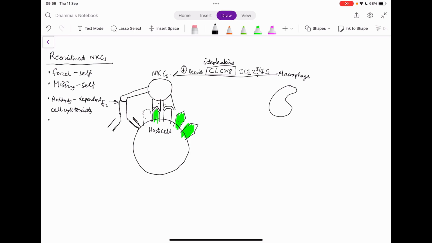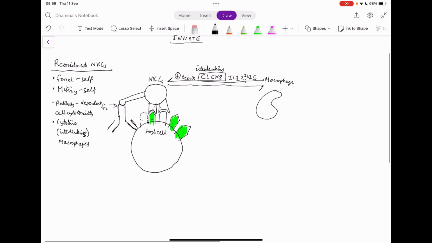So I can say in our list cytokines, interleukins from macrophages. And as I will come to in a moment, this is a mutual relationship because NKCs reinforce macrophages too among their actions.